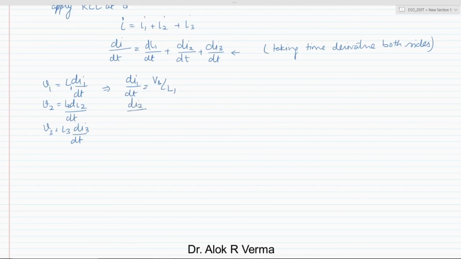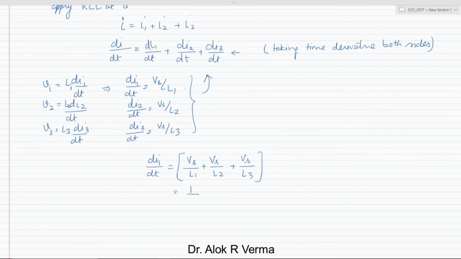Similarly, di2 by dt is nothing but Vs by L2, and di3 by dt is nothing but Vs by L3. So using these 3 expressions, just replace here, we get di by dt as nothing but Vs by L1 plus Vs by L2 plus Vs by L3.